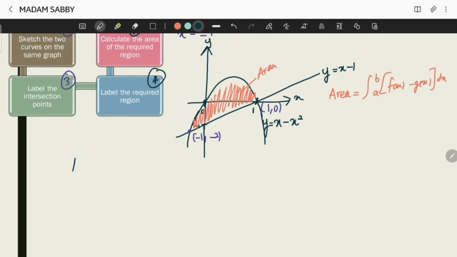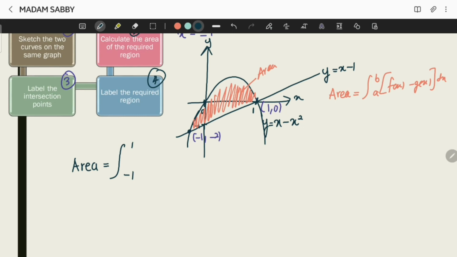So this area equals, with the upper limit being the intersection coordinate 1, and the lower limit being the intersection coordinate at the lower x value, which is negative 1.